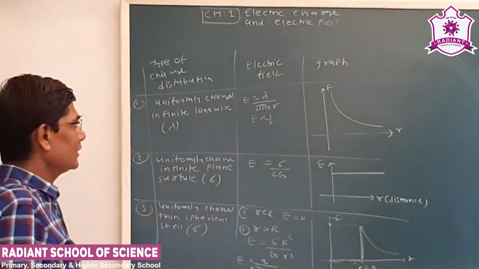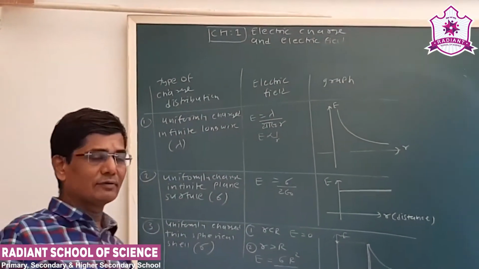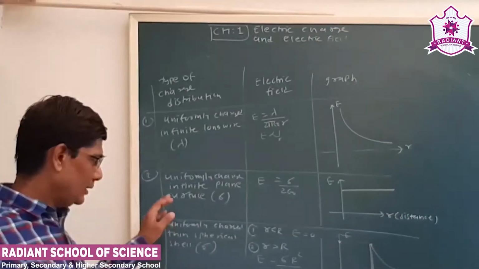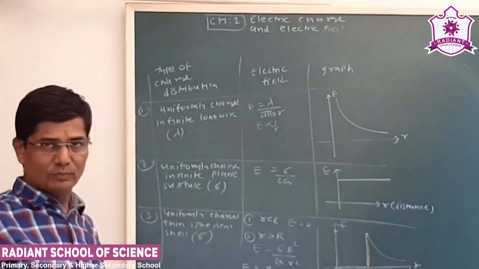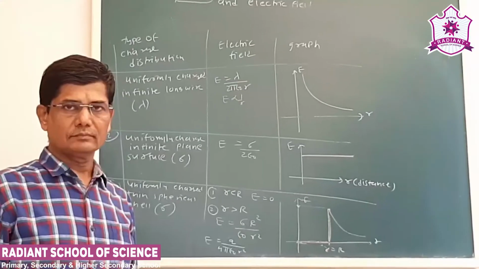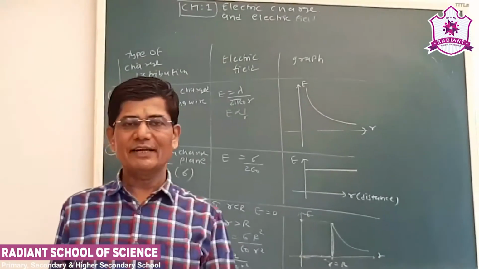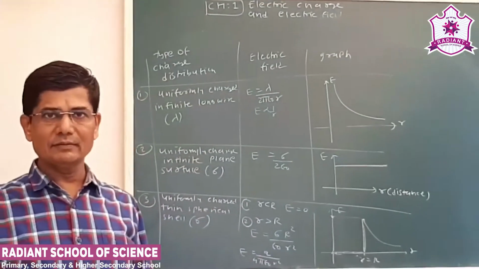So these are the graphs showing the variation of electric field for various distributions. With that we come to the end of the theory part of this lesson.